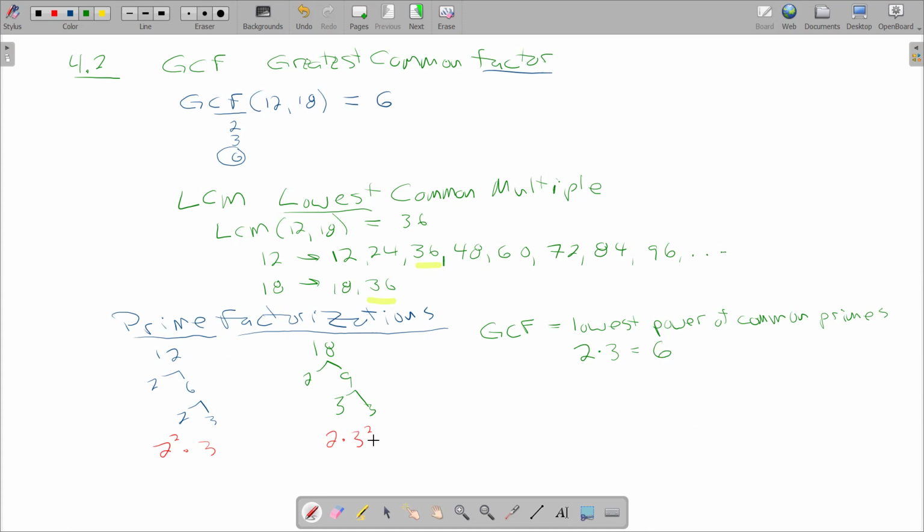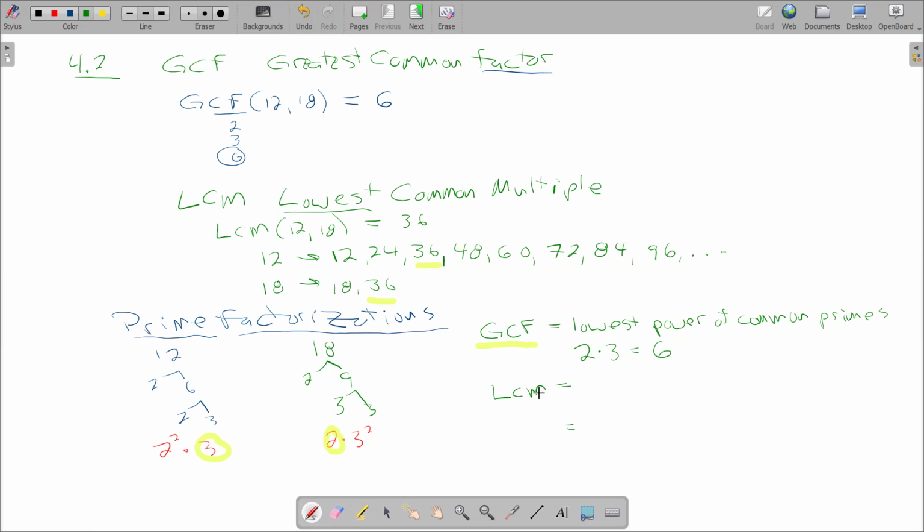And I'm going to highlight those. Greatest common factor, I selected this 3, and I selected that 2. Now here's the cool part about the lowest common multiple. And I'm going to hold off on writing how to use the prime factors and just build it a different way. So here's the way to think about it.